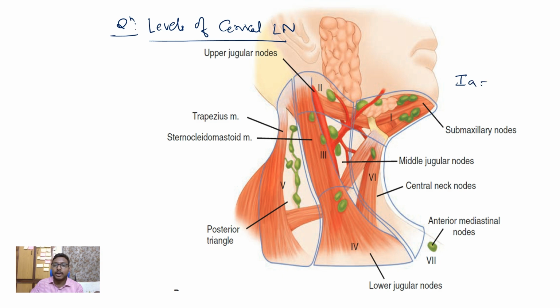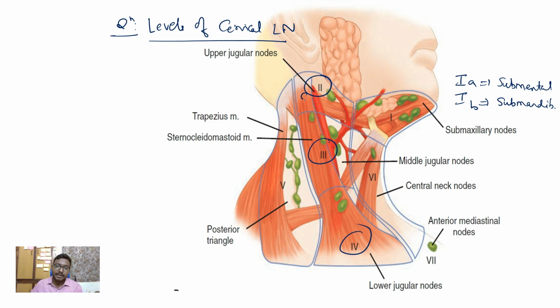So 1A is submental, 1B is submandibular or submaxillary, both are the same. Then level 2 is upper jugular, level 3 is middle jugular, level 4 is lower jugular. These are also called deep cervical lymph nodes.